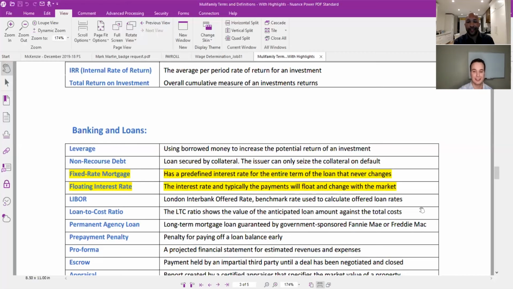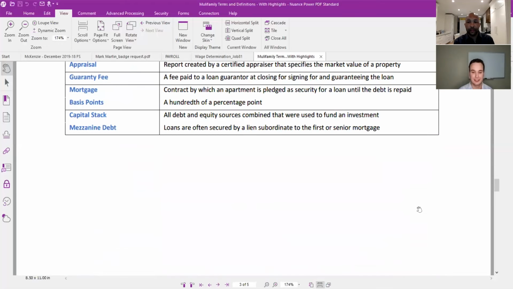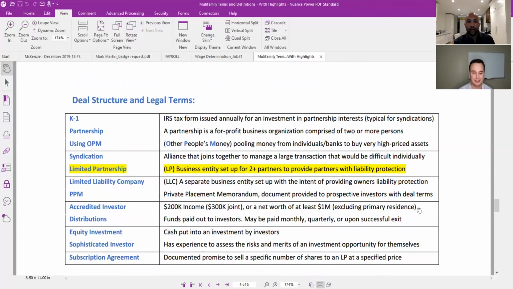Yes, exactly. So then we have a limited partnership. A limited partnership is an entity set up for two or more members. A lot of real estate is bought with multiple people, especially the big deals.